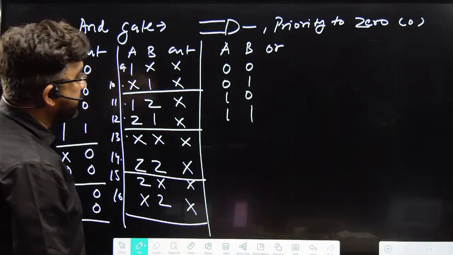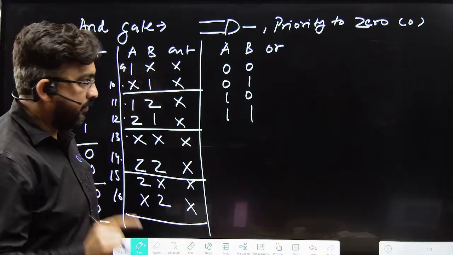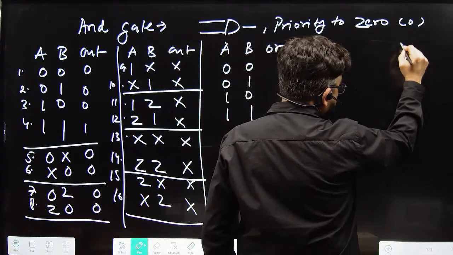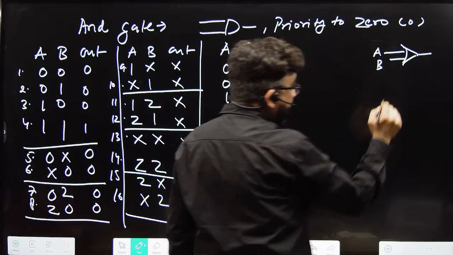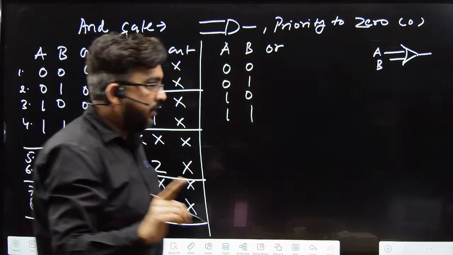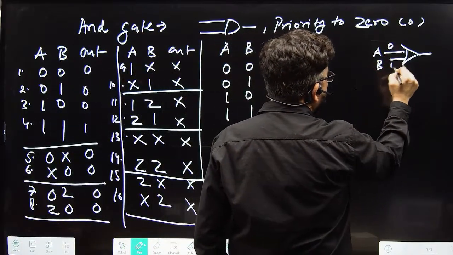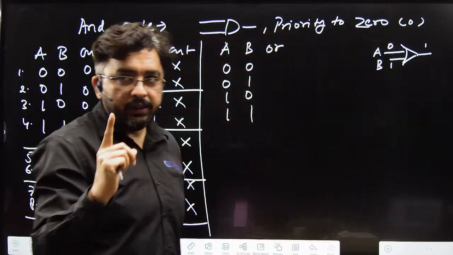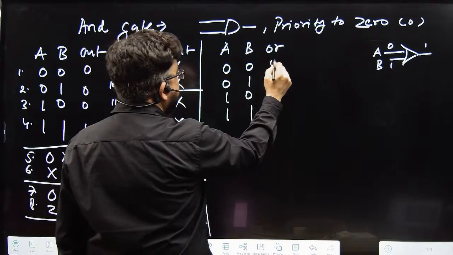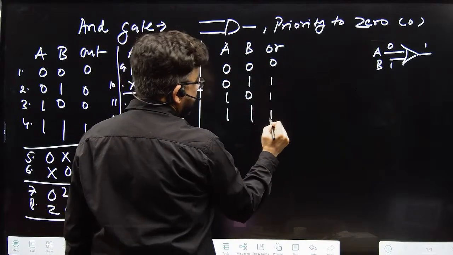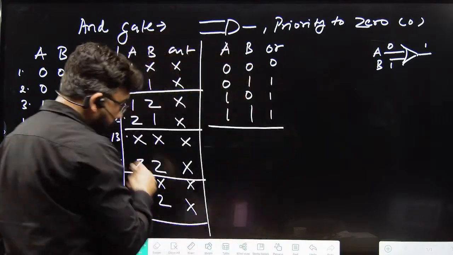So 0 0 0 1. As we know in an OR gate, with 0 and 1, the priority has been given to 1. So if any input is 1, output is 1. 0, 1, 1, 1.